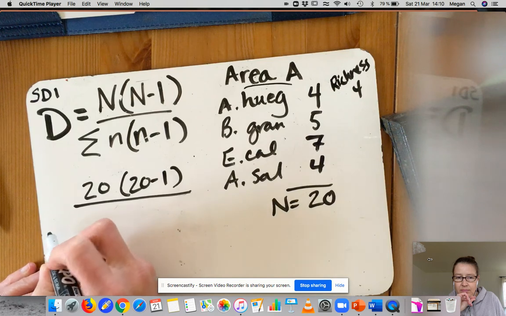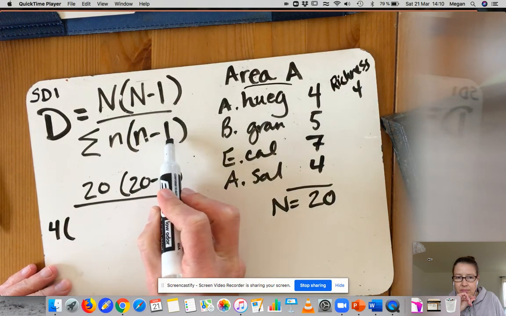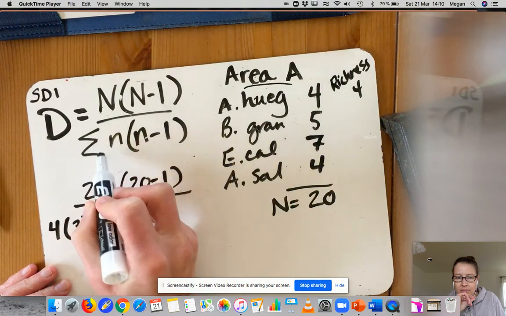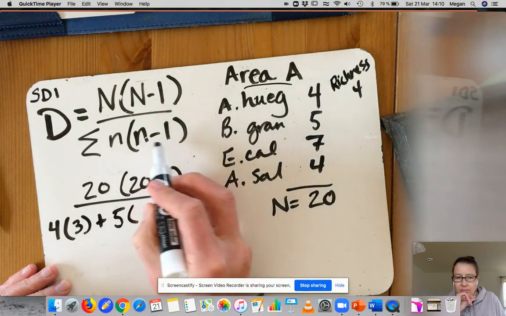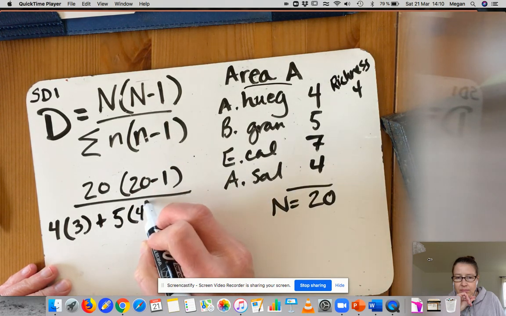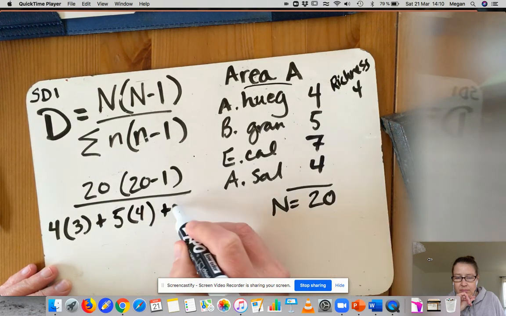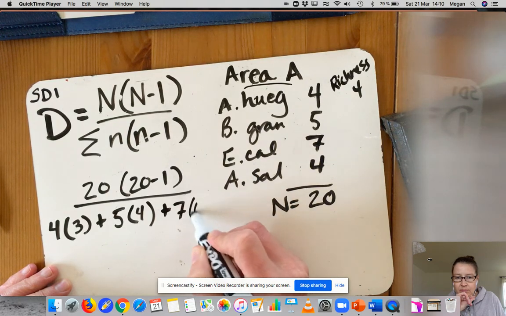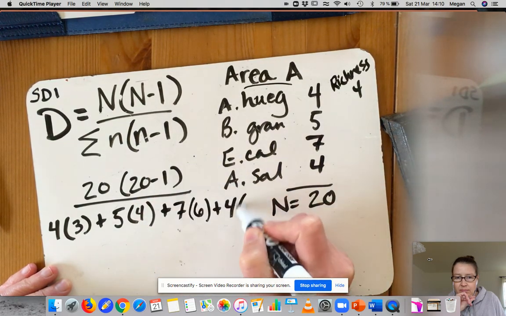And so if we were to set up the bottom one, we would do 4 times 4 minus 1, which is 3, plus 5 times 5 minus 1. 5 minus 1 is 4, okay? Plus 7 times 7 minus 1, which is 6, plus 4 times 3.